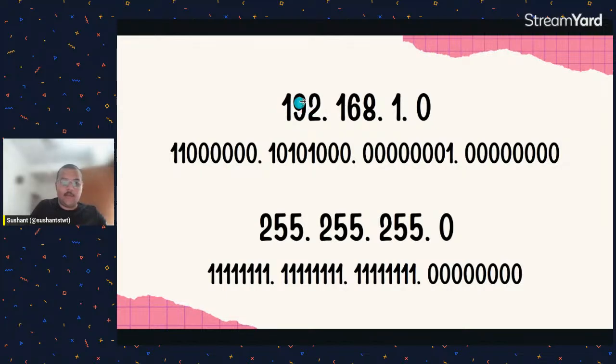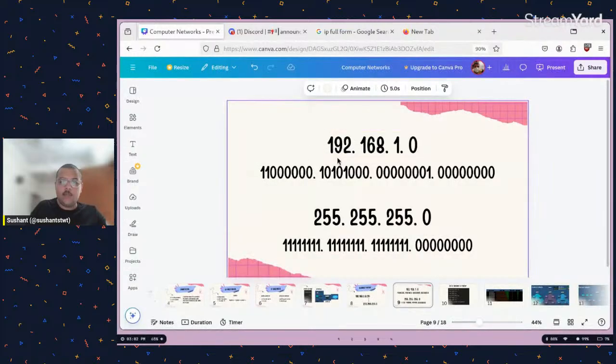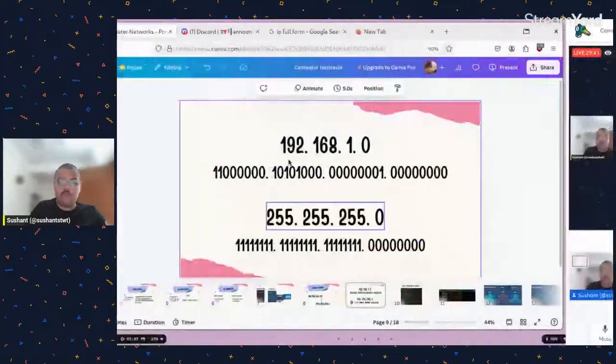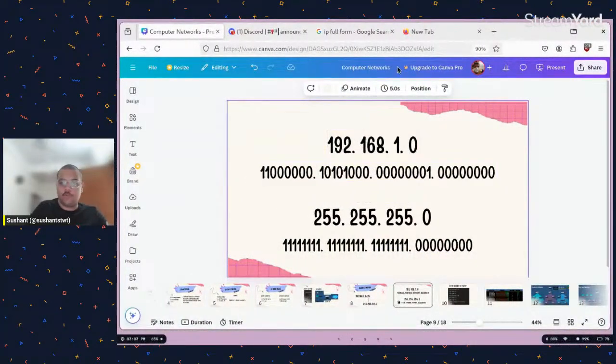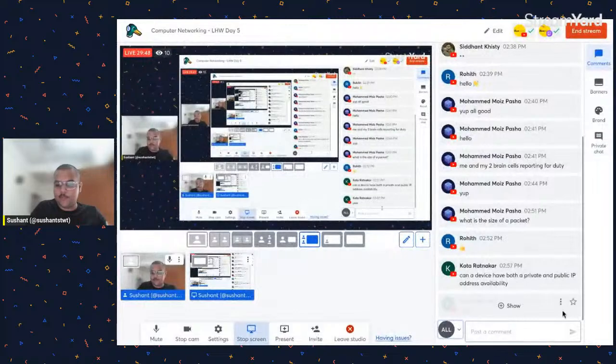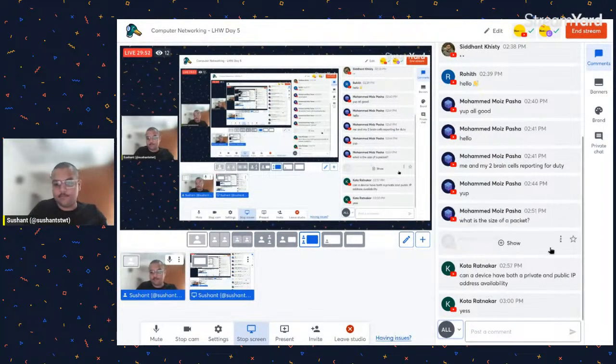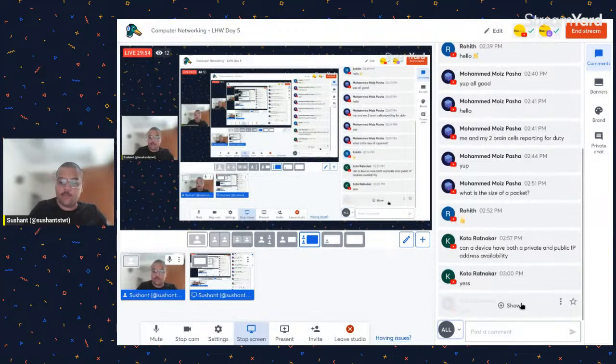A good way you can, should I show you how to decipher this? Does everyone know how to convert a number to its binary representation? If you don't know, just let me know. I will show you a small example of how we can convert this number to this number. Does everyone know how to convert a number to its binary representation? Okay, you know it. Nice.